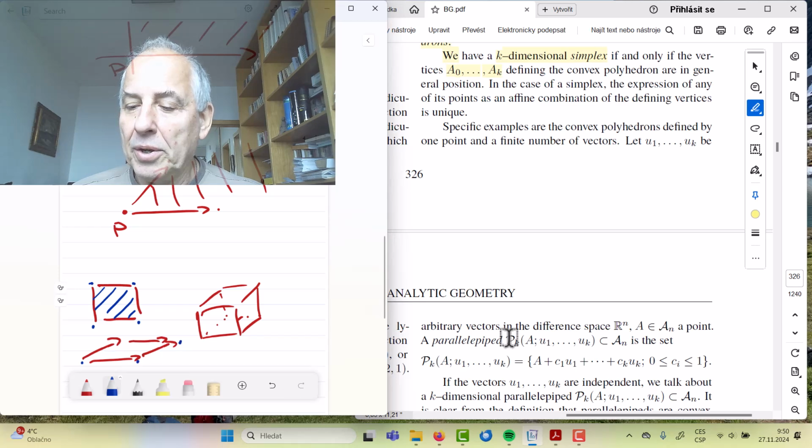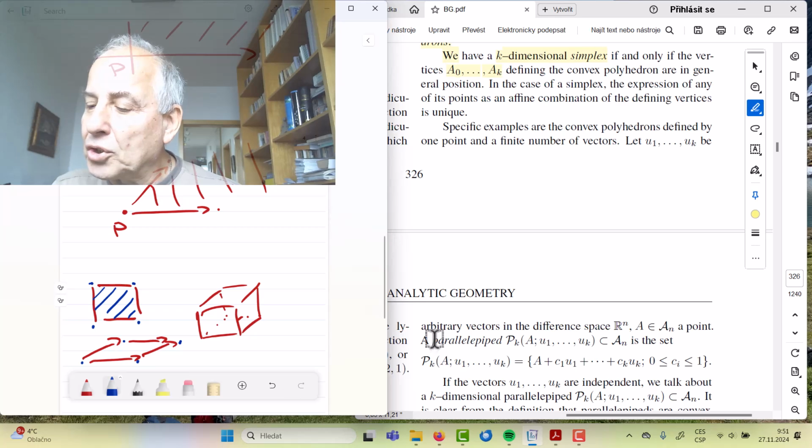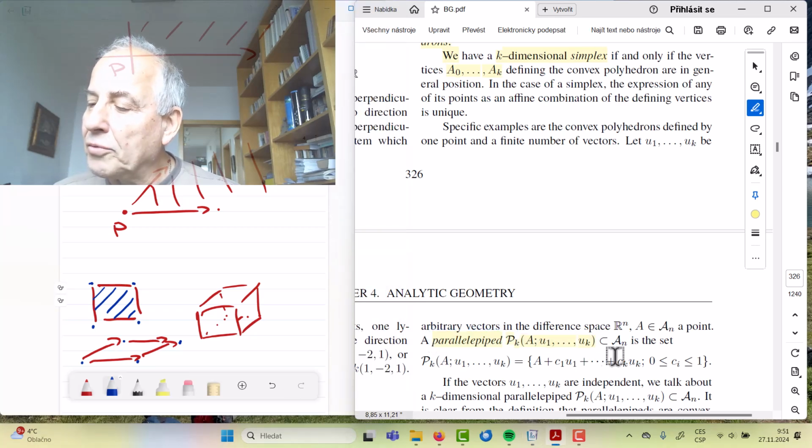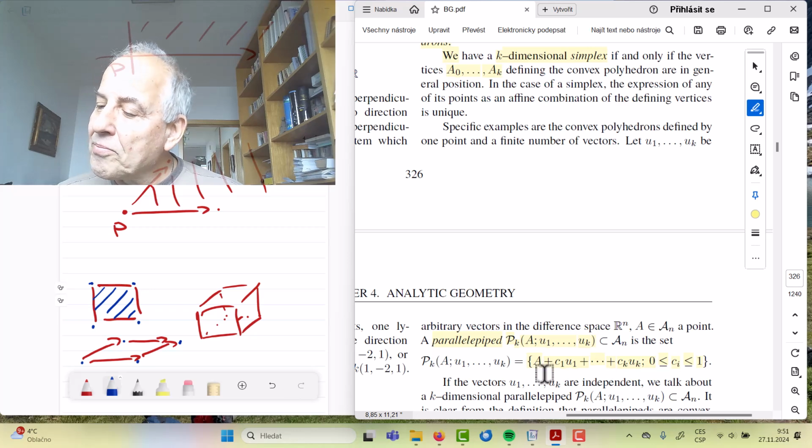The k-dimensional parallelepiped is just what we have here, right? So we have got k independent vectors, 1 point, and what we do is we just don't make all affine combinations, because we do not insist that the sum of the c's is 1.